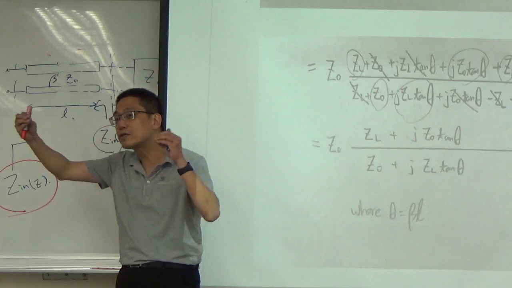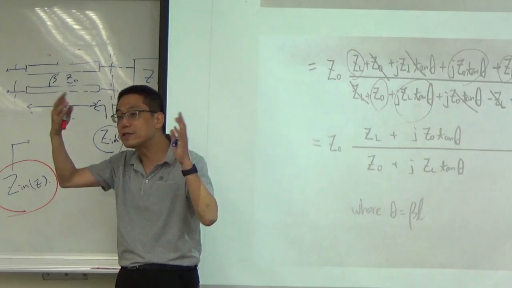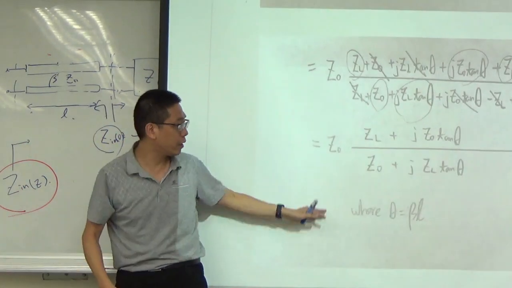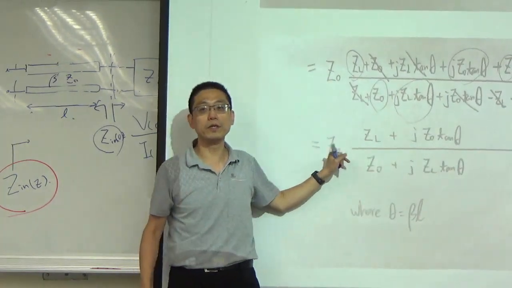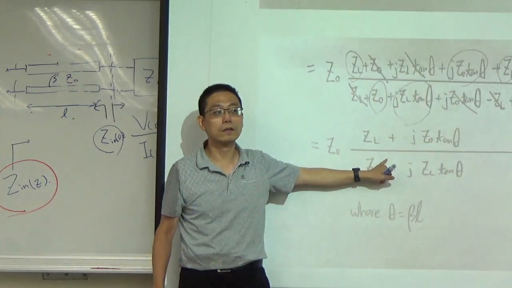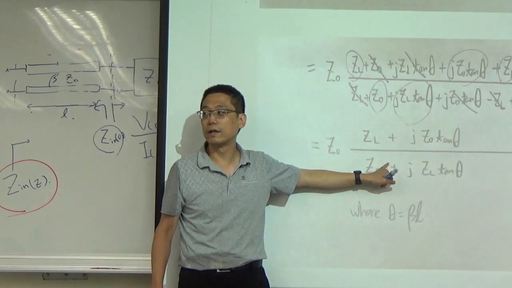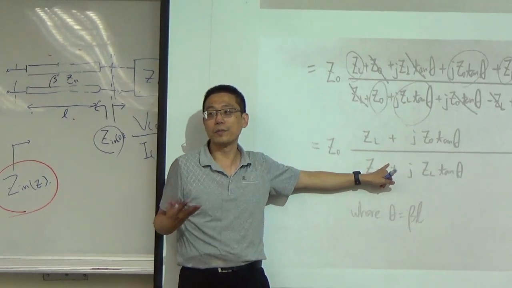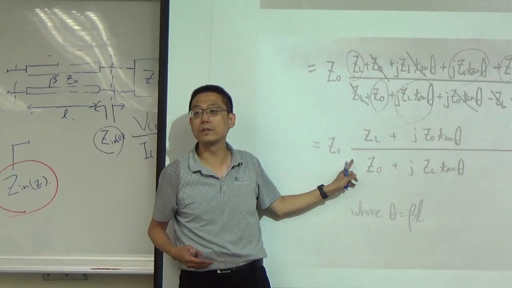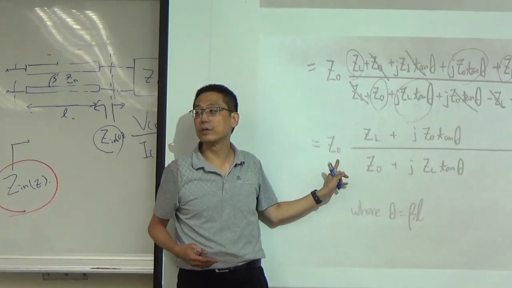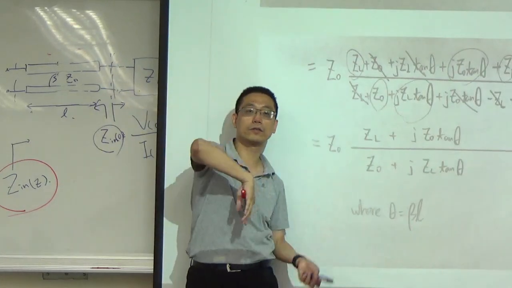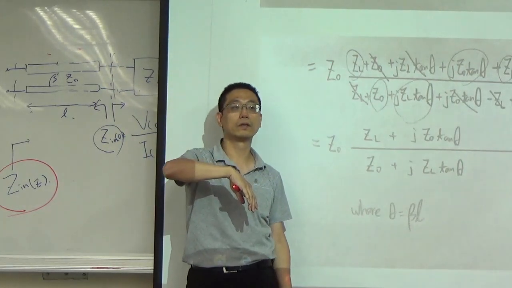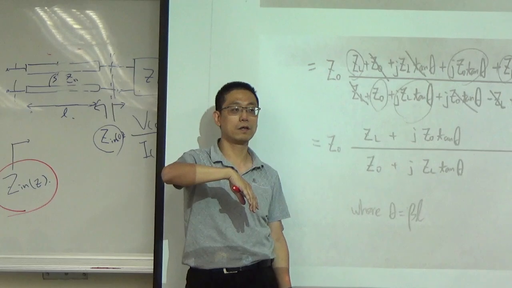I connect this transmission line to the load, and that will change to a new impedance. But the most important thing is you know how to use this equation to find the input impedance if there is a transmission line connected to a load.